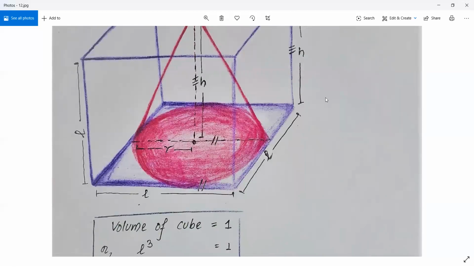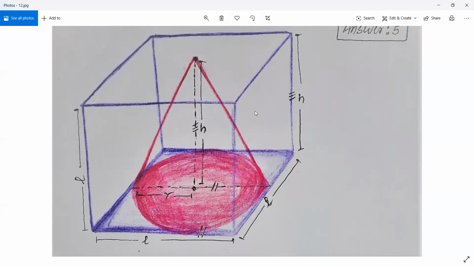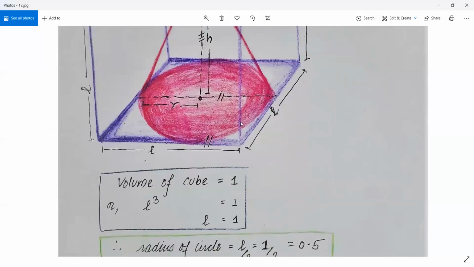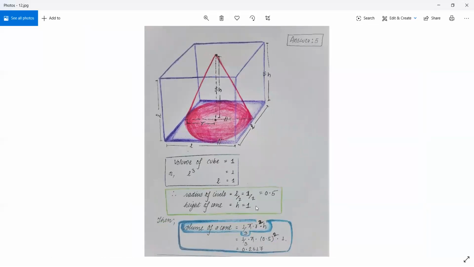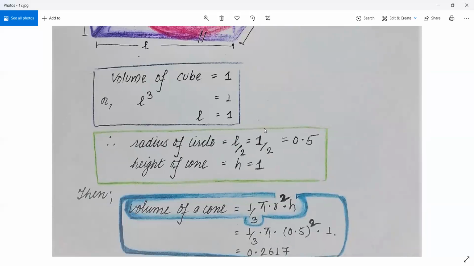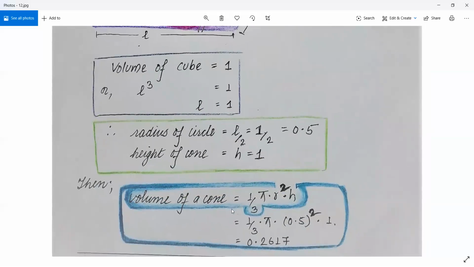The height of the cone will be equal to one of the edges of the cube, since the top point of the cone lies in the top surface of the cube. That means the height of the cone will also be equal to the edge of the cube. The question has asked for the volume of the cone.